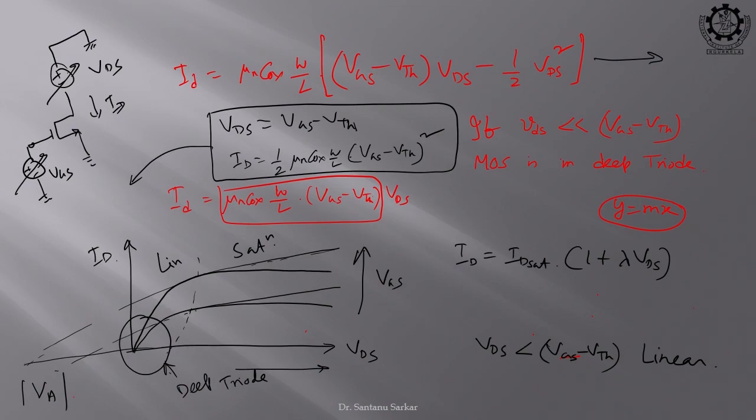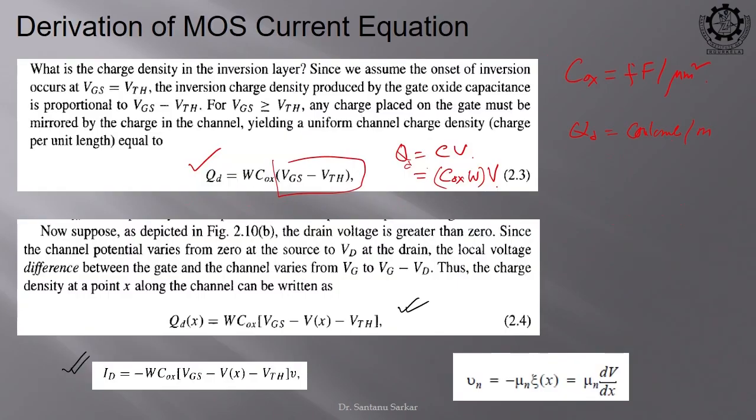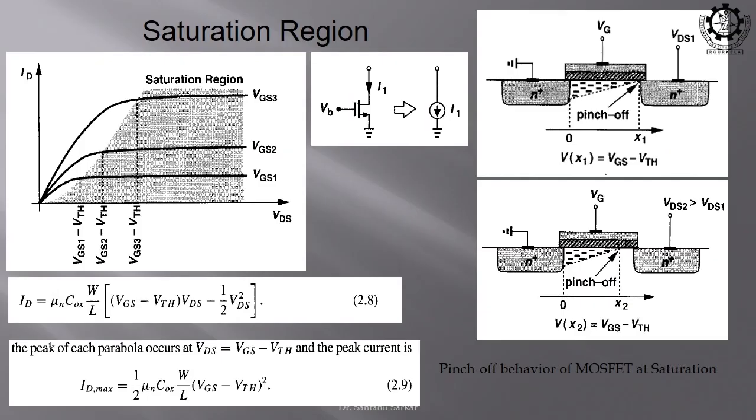And the third variable is our ID, which depending on the value of VGS and VDS can also change. So, this plot gives us 3 sets of current for 3 sets of VGS, and if we vary the VDS from 0 to VDD, we will get different regions of operation.